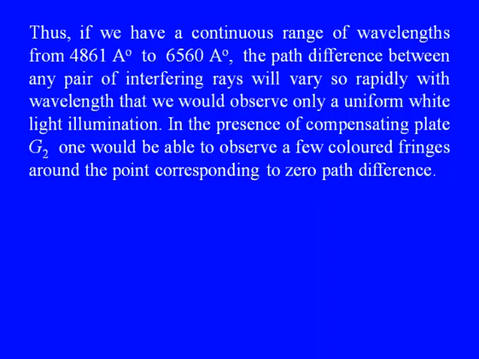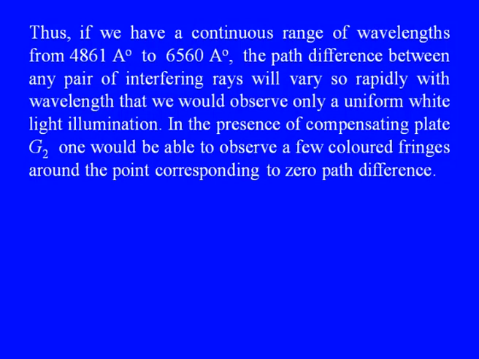Thus, if we have a continuous range of wavelengths from 4861 angstroms to 6560 angstroms, as we would have in a white light source, the path difference between any pair of interfering rays will vary so rapidly with wavelength that we would observe only a uniform white light illumination, no pattern.